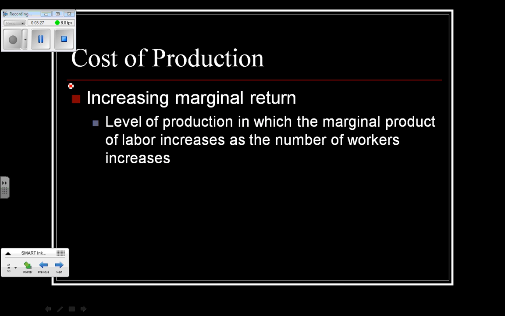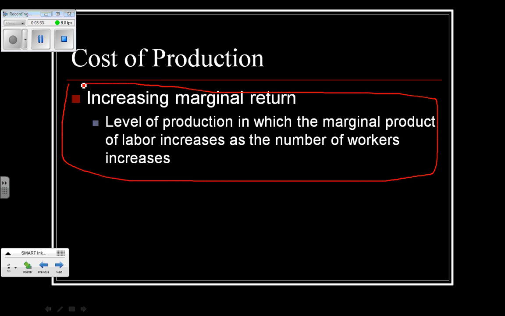So that leads us into this increasing marginal return. And increasing marginal return just looks at your level of production, your ability to manufacture things as the marginal product of labor increases and as workers increase.